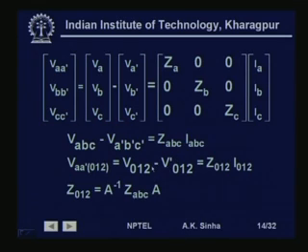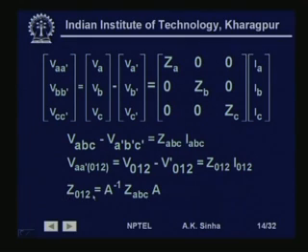So, subtraction of these two will be equal to Z012 into I012, where this Z012, as we have seen earlier, will be nothing but A inverse Z ABC into A, where A is the symmetrical component transformation matrix.